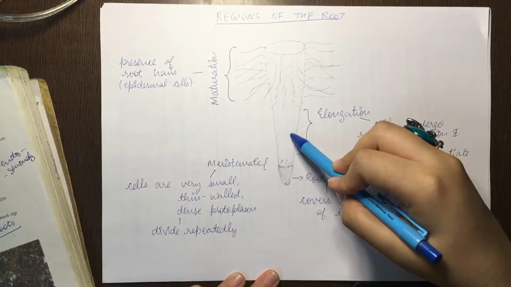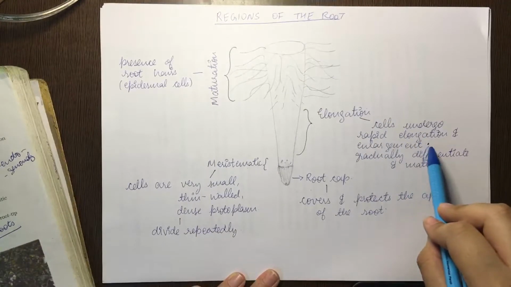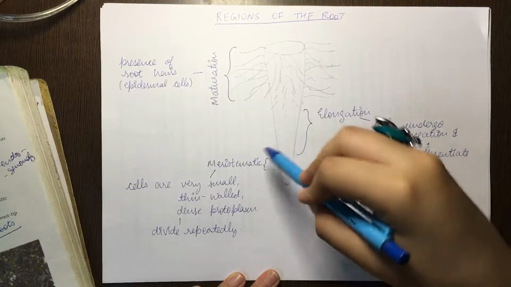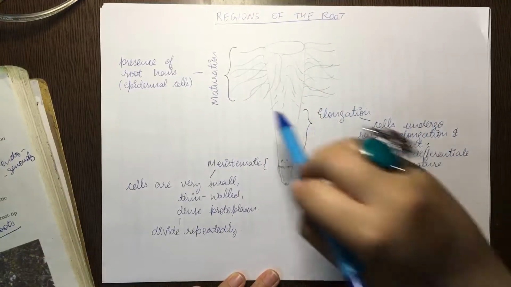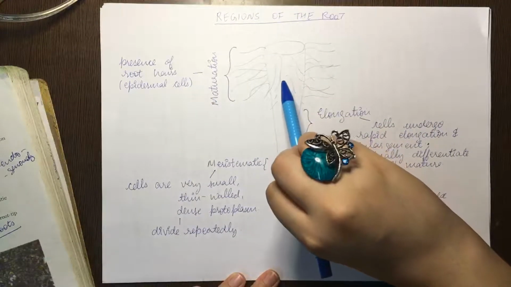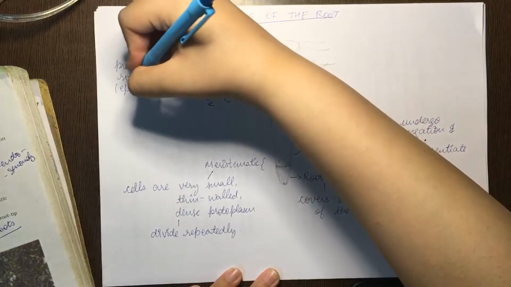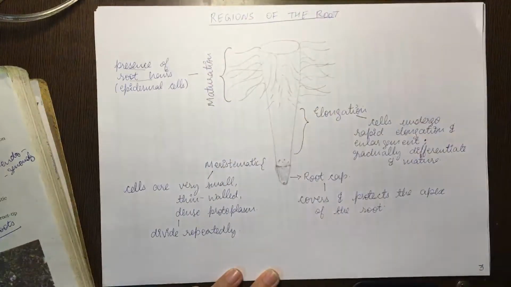Above the meristematic zone is the elongation zone, where cells undergo rapid elongation and enlargement. They then gradually differentiate and mature, and then this is the maturation zone. This has a characteristic property that there is a presence of root hairs, which are nothing but epidermal cells.